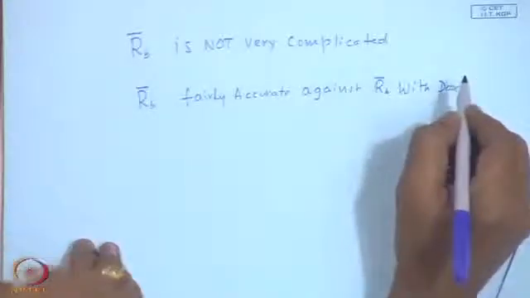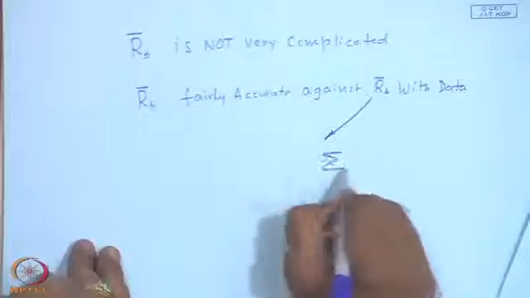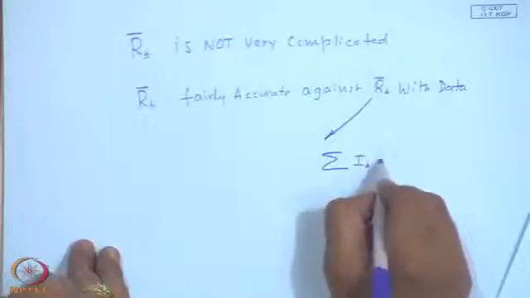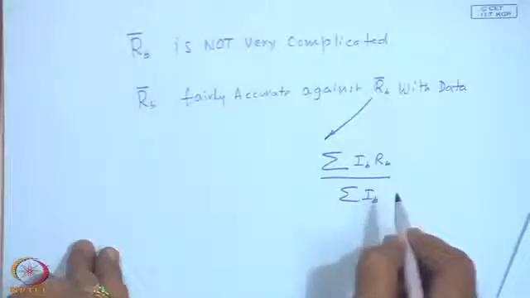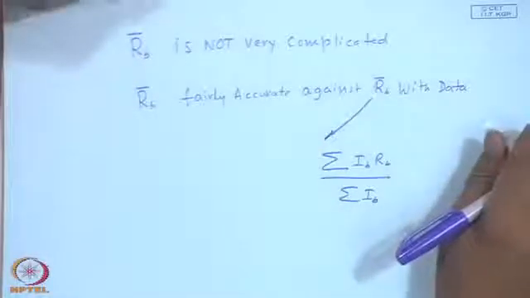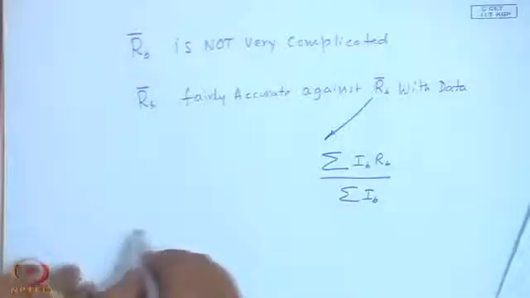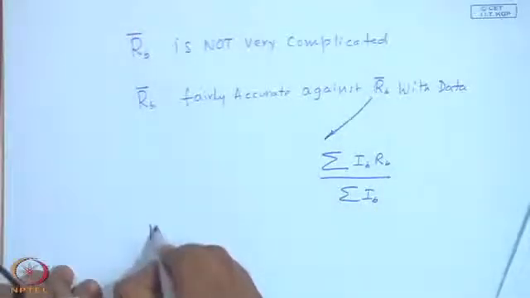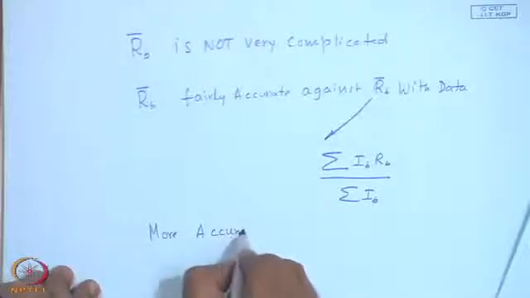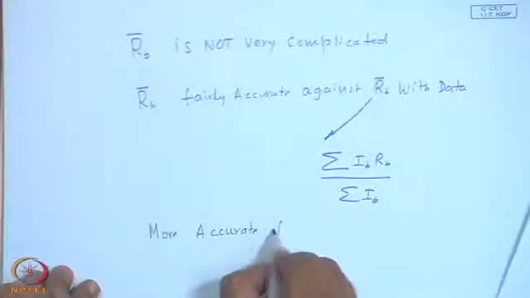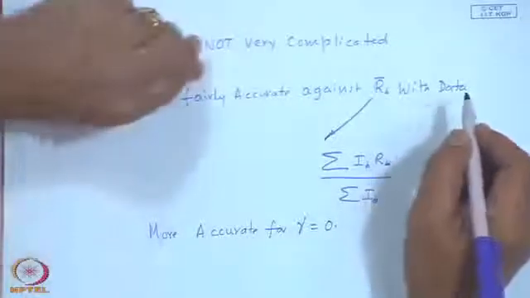In other words, you compute this with sigma I B R B by sigma I B, and this will be within 3 to 5%, and this is more accurate when gamma is equal to 0.